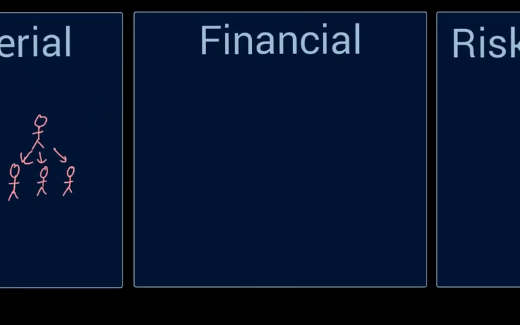On then to financial. Another relatively straightforward one, this one. This one is all to do with the cost of borrowing. Now, I'm sure that you have seen on TV adverts, whenever there is a mortgage advert or anything like that, there's a disclaimer at the end that goes along the lines of the rate that you pay or the interest that you pay is dependent on your personal circumstances. This is to do with those personal circumstances. The more risky you are, the higher interest you have to pay to borrow money.